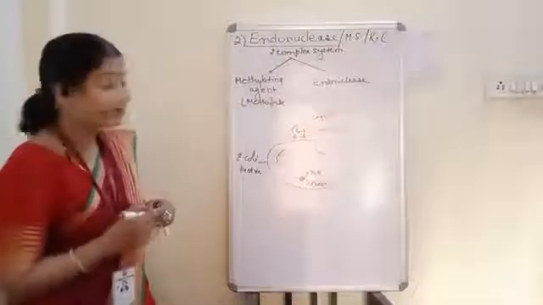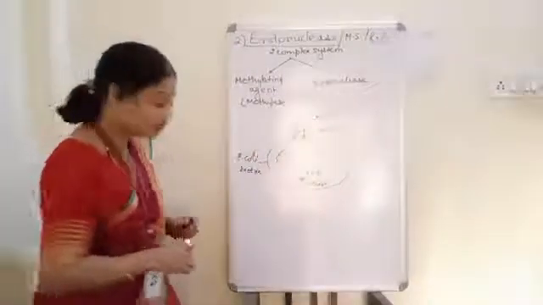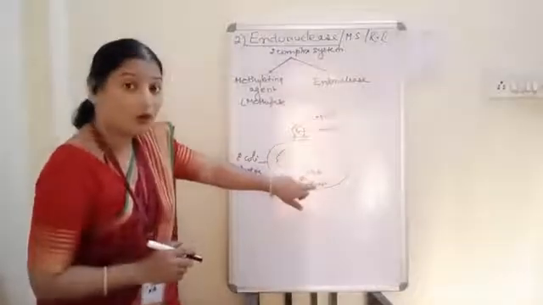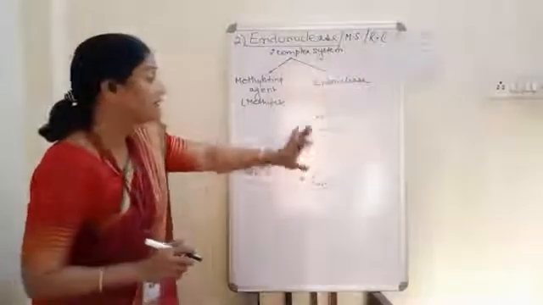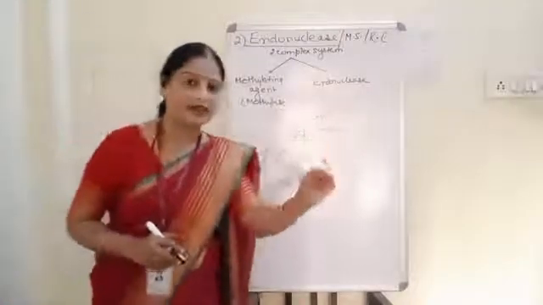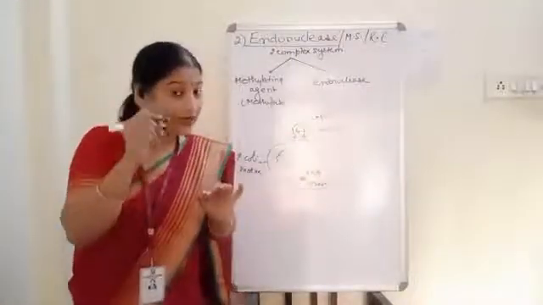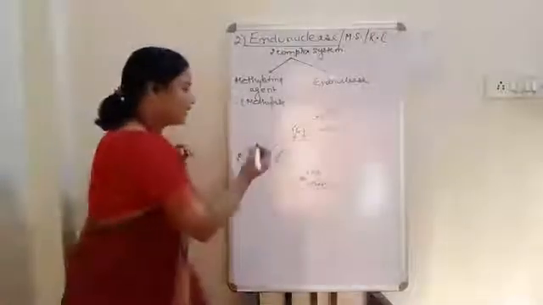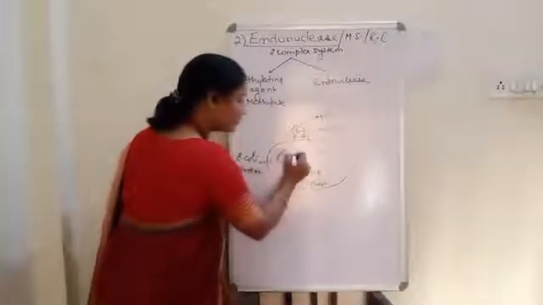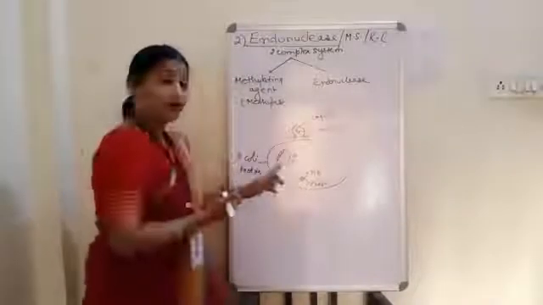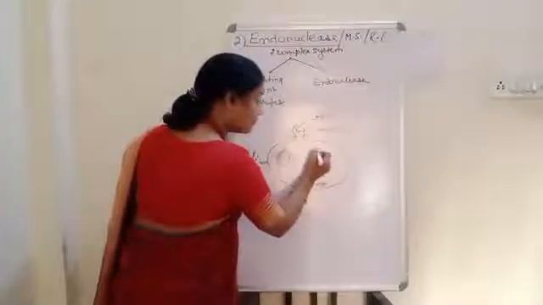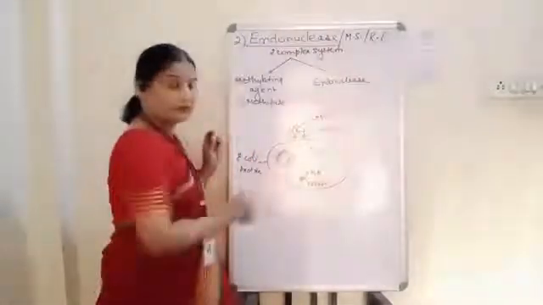As soon as the DNA enters the host cell, this endonuclease will go and cut the DNA at a specific site, suppose A and T. Now, A and T will be found here also because it is the host DNA, and A and T you can find here also because this is the viral DNA.